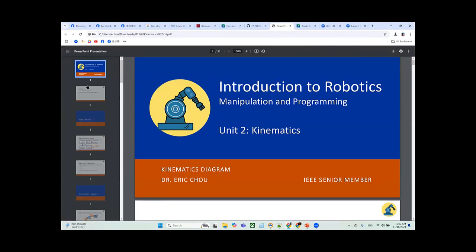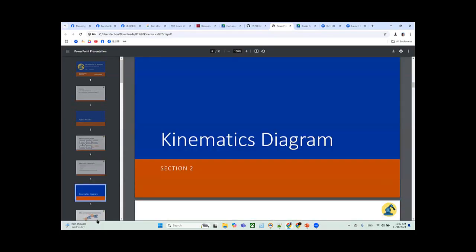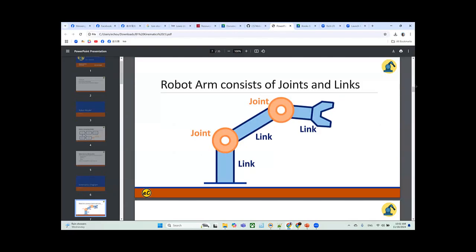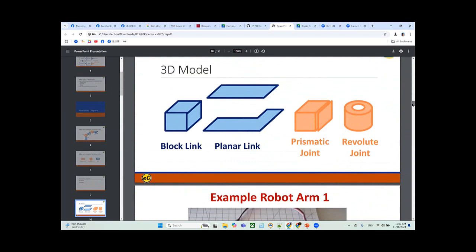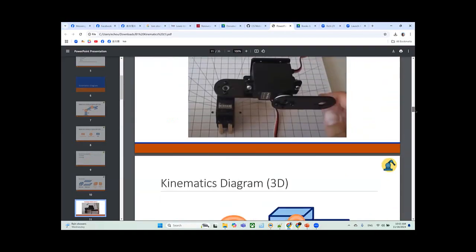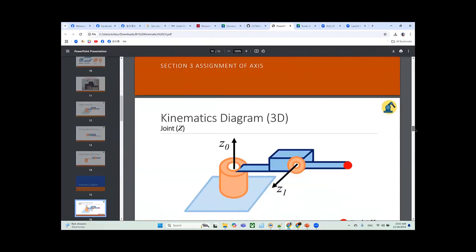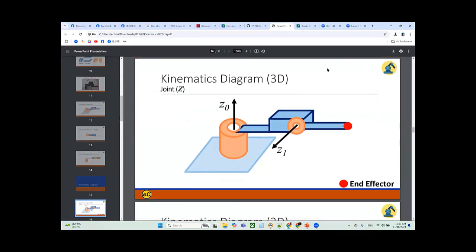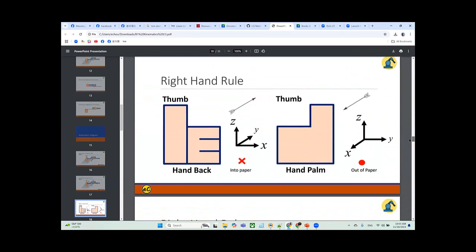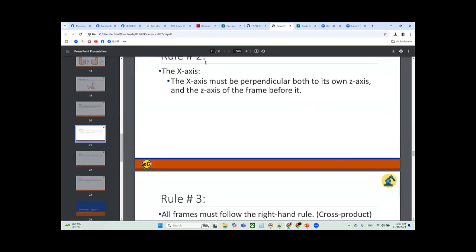And in this note, by the way, what is a kinematic diagram?